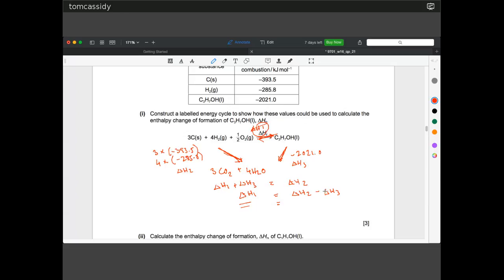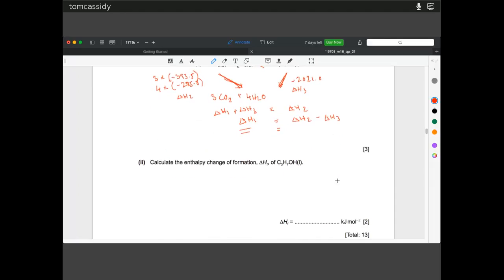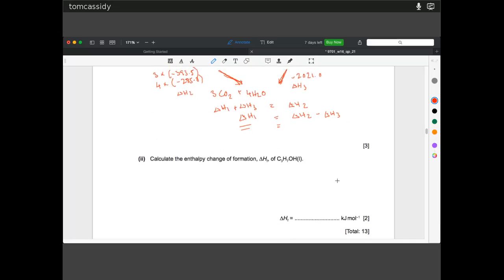And delta H3 is that, but we're going to have to take that negative sign and change it to a positive sign because we've got minus times a minus there. And if you plug all the numbers in, you end up with the enthalpy change of 302.7.